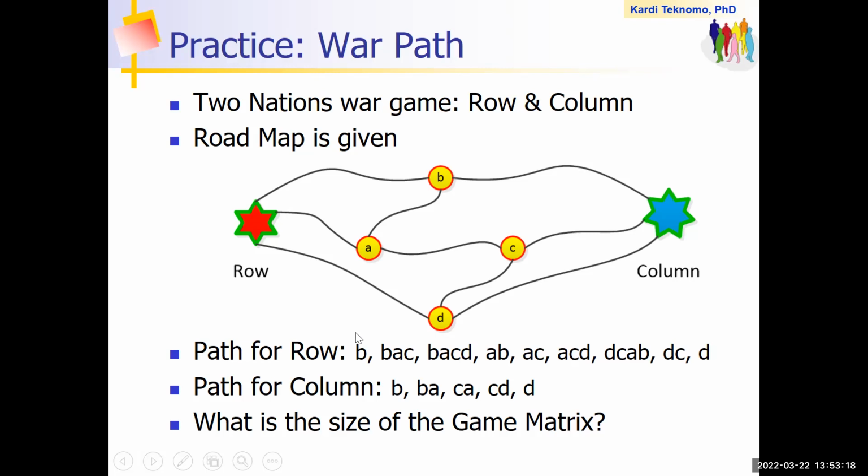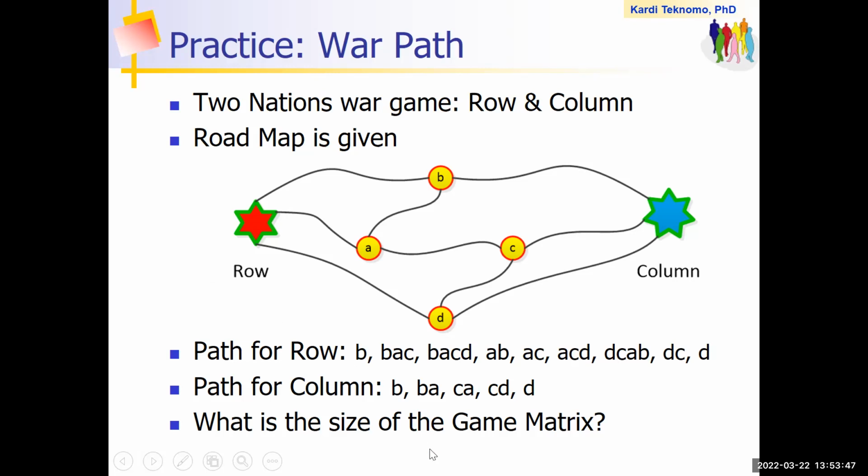So these are, for example, the paths for the row. And the column will select only these paths: directly to B, from column B, A, and then row, C, A, and then row, or C, D, and then row, or directly D, and then row. So now these are all possibilities.